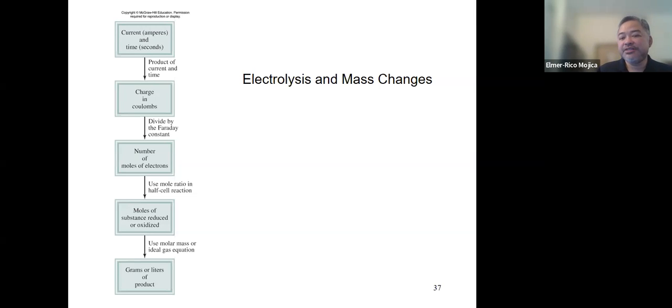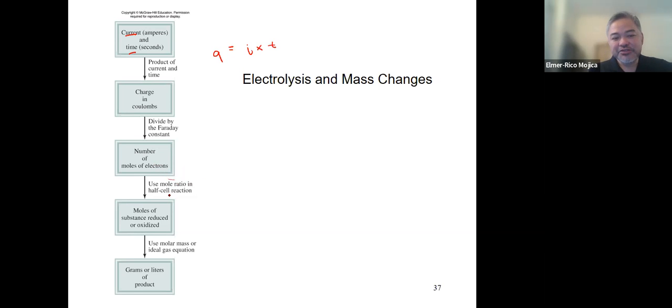So usually when you do electrolysis, you have to take into consideration the current that you apply times time. If you get the product of that, that will give you Q. And if you divide it by the Faraday constant, you will be able to get the number of moles of the electrons.